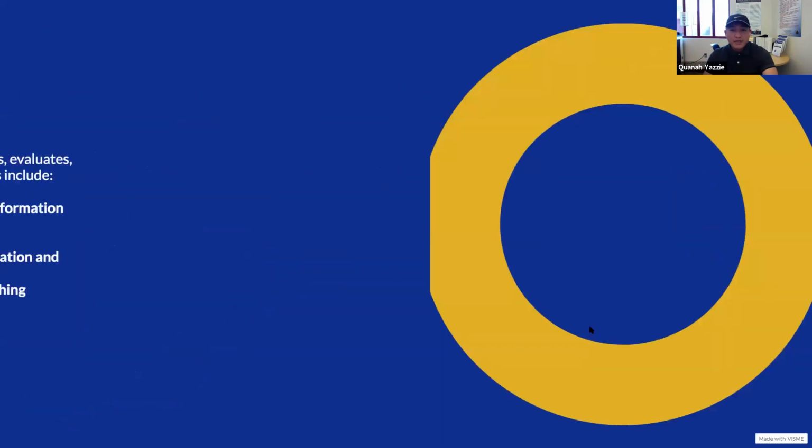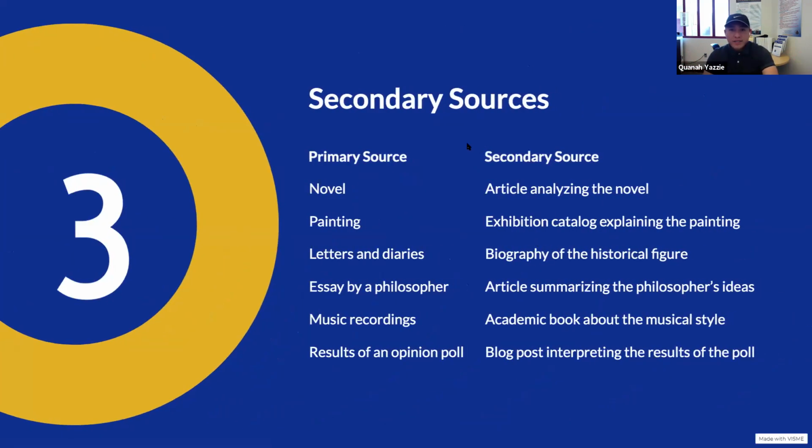Some examples here for secondary sources. On the left here, we have primary sources, right? Let's say we have a novel, a book of some sort. A secondary source related to the novel is an article analyzing that novel, just like what I explained a while ago. If the primary source is a painting, the secondary source is an exhibition catalog explaining the painting and so forth.